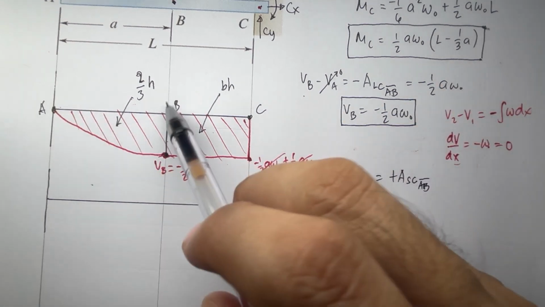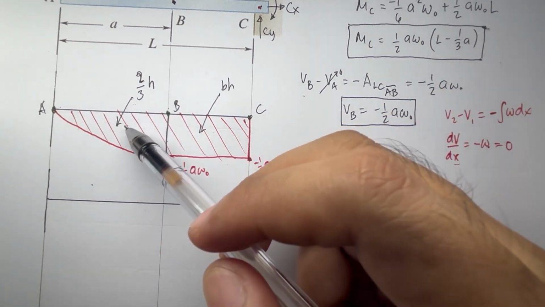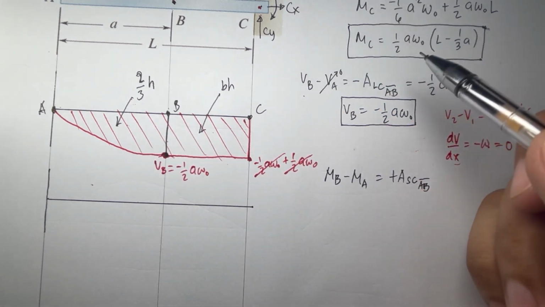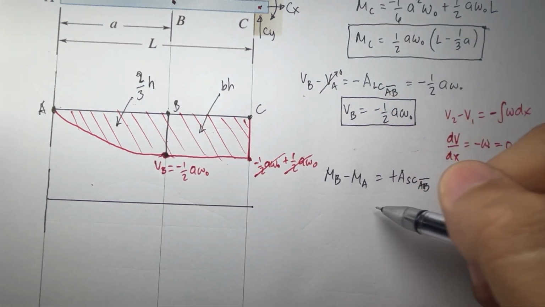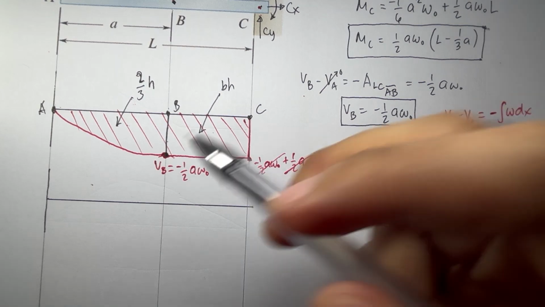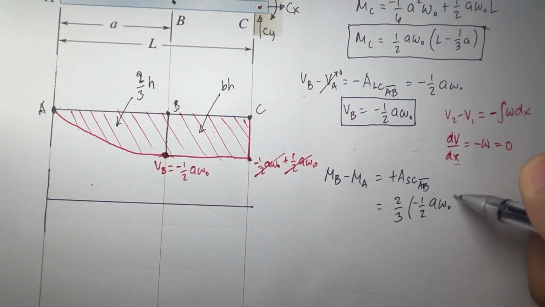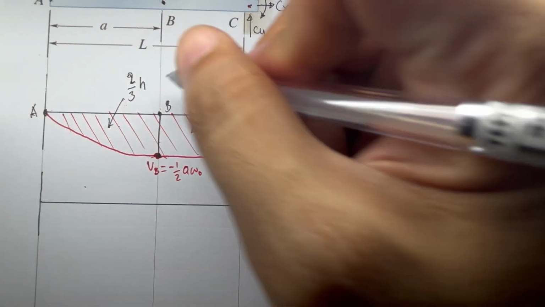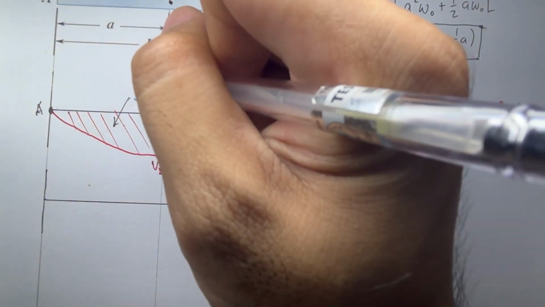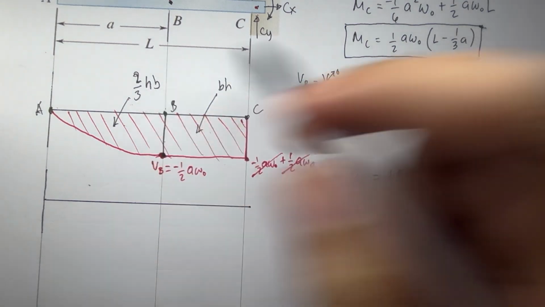So from A to B, the area is a semi-parabola, no? So that is equal to 2/3 of the height, which is negative 1/2 A omega naught, times the base. Forgot the base. We have 2/3 base times height, or height times base.